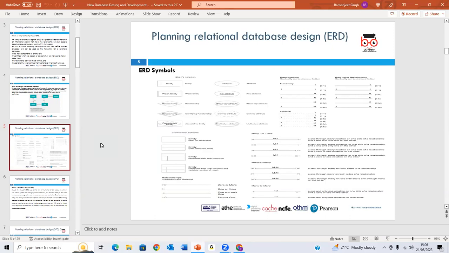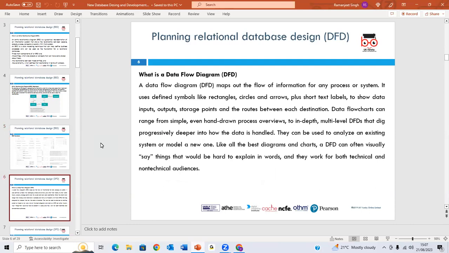There are loads of software which allows us to create relationship diagrams, such as Draw.io or business process model notation. So there are different types of symbols when it comes to creating our table. And using this software, we're now able to see what they are. Also, we have data flow diagram.